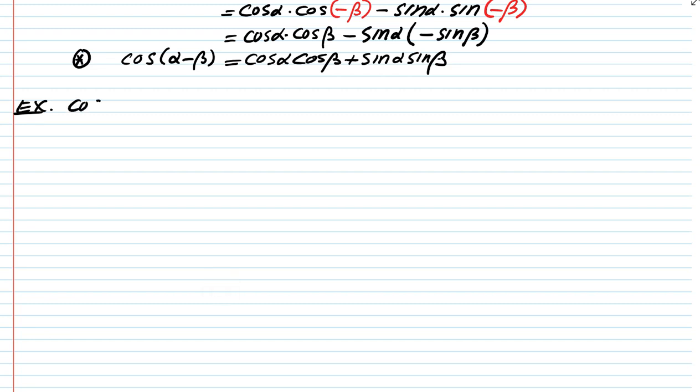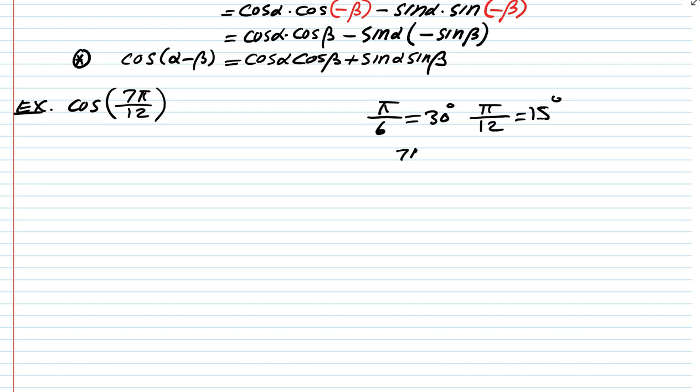Let's say I want to evaluate cosine of 7 pi over 12. That is not a special angle. Now, pi over 6 is 30 degrees. Pi over 12, half of that, would be 15 degrees, right? So 7 pi over 12 is going to be 7 times 15.